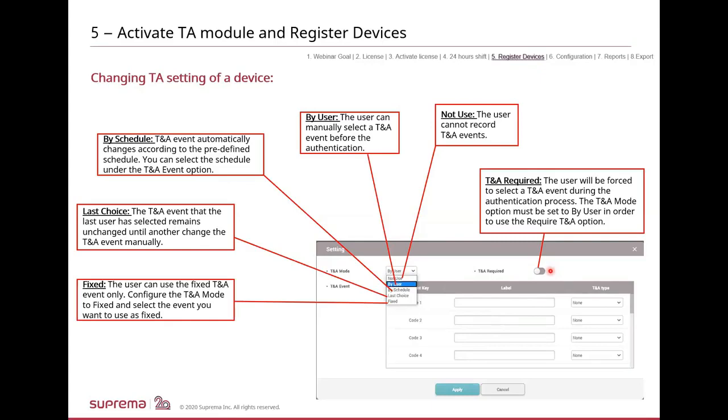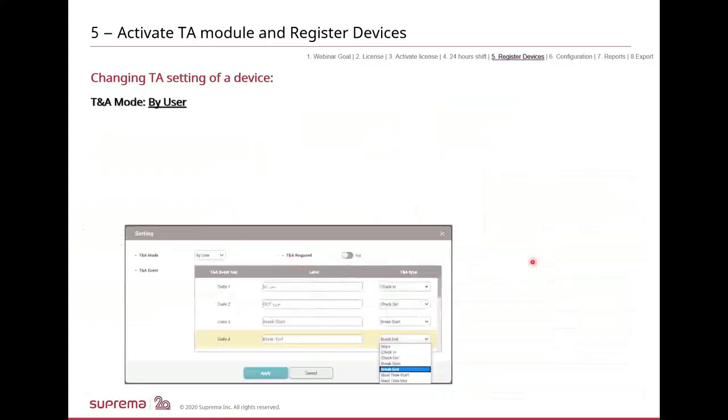For example, if you have a FaceStation 2 and you show your face, and this feature is on, time attendance required is toggled to yes, then when you show your face to the FaceStation 2, it is automatically going to pop up all the function keys which we have configured. Then you must click one of those function keys. If you do not, your transaction is going to be rejected. So if you would like this feature, it is available under TNA required.